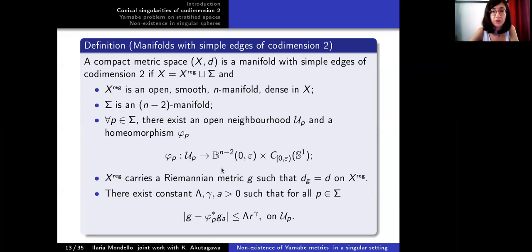This puts an angle 2πa along R^(n-2), and we pull it back to the neighborhood U_p. The difference between the actual metric g on the singular manifold and this pullback of the model metric needs to be controlled by something, the distance from the singular set r, and this needs to go to 0 with r. So when you get closer to the singular set, the metric g gets closer and closer to the model metric g_a.